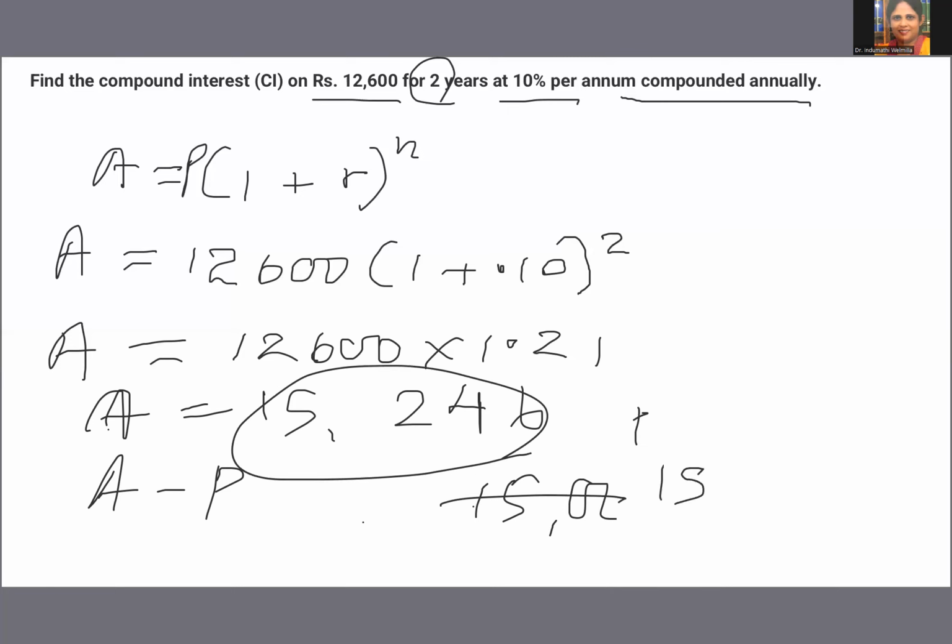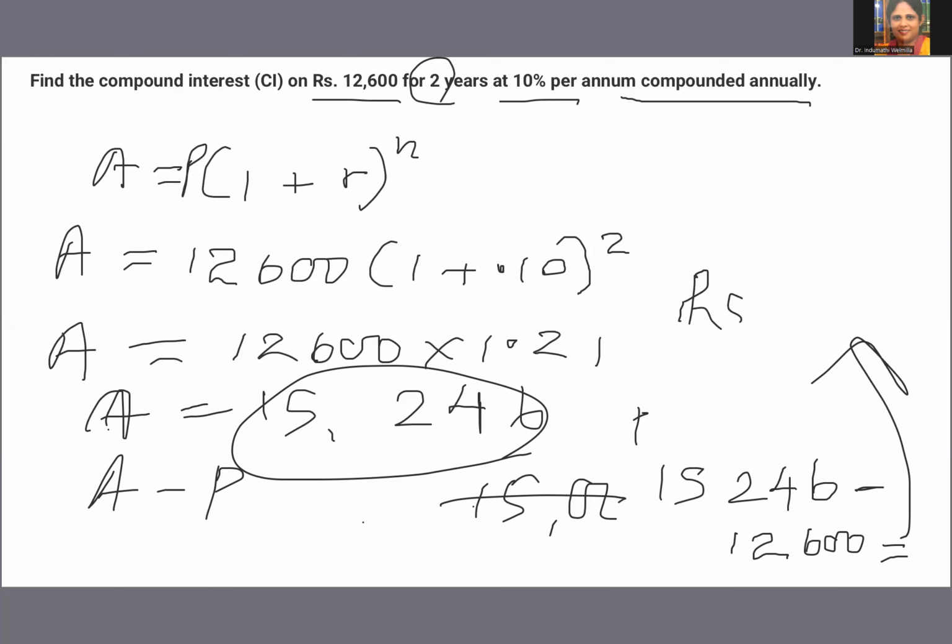That means 15,246 minus 12,600, so then you can get only the interest, which equals rupees 2,646. So we can complete both.